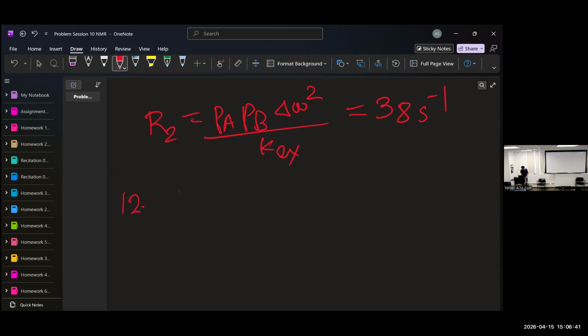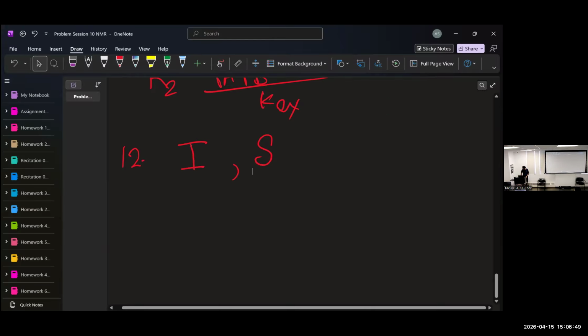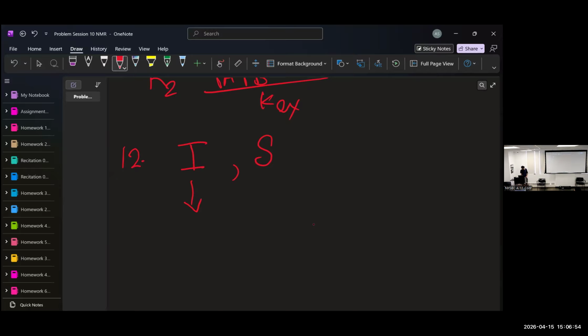So in this problem, we've got a spin I and a spin S. Assume that this nucleus has a certain CSA and this one also has a certain CSA. And then assume that there is an IS dipole coupling and an IS scalar coupling.